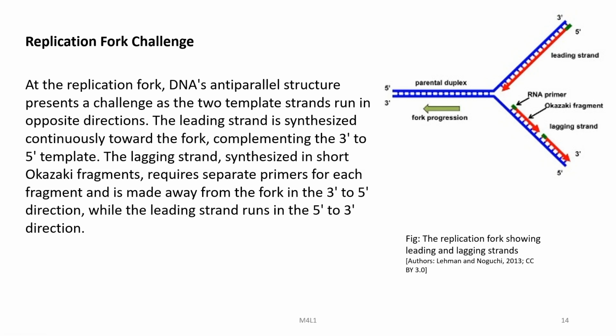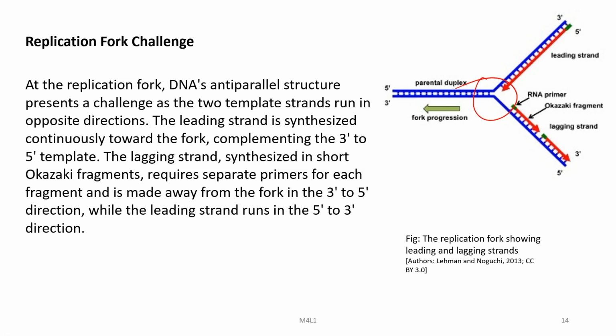So, we can see that DNA replication is taking place in two opposite directions. In the leading strand, it is happening towards the fork, and in the lagging strand, where small fragments of DNA are replicated and later joined by DNA ligase, the replication is in the direction away from this replication fork.